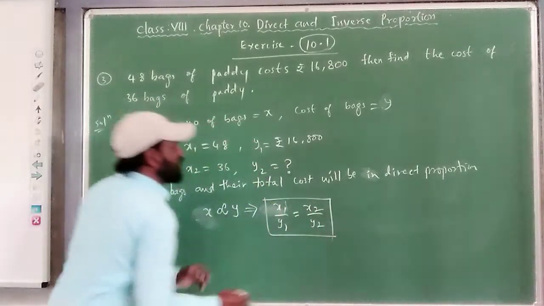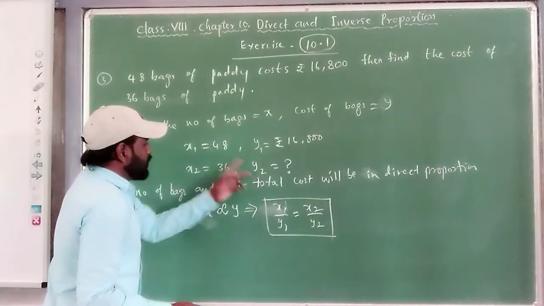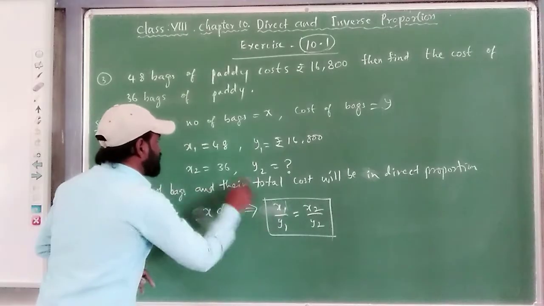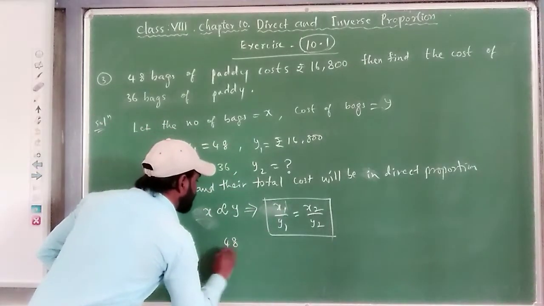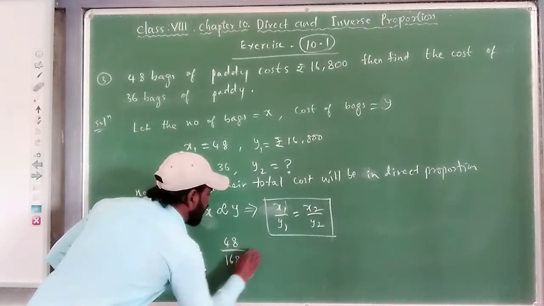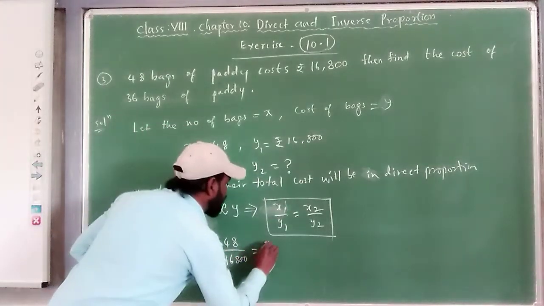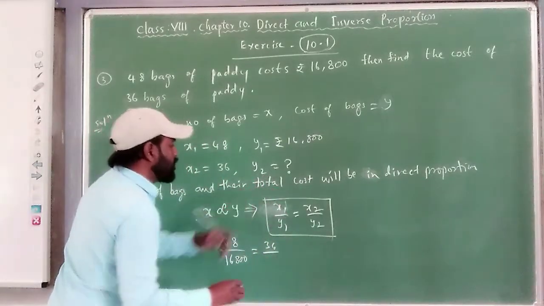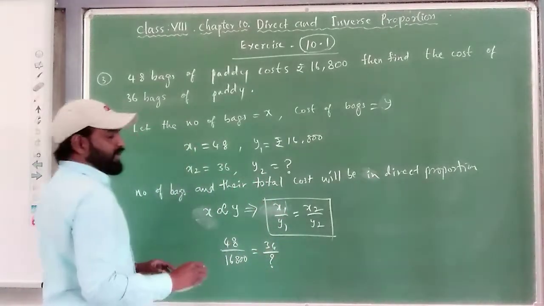Just substitute the values in this equation. X1 is 48. Y1 is 16,800. X2 is 36. Y2 we don't know, that is what we are finding.